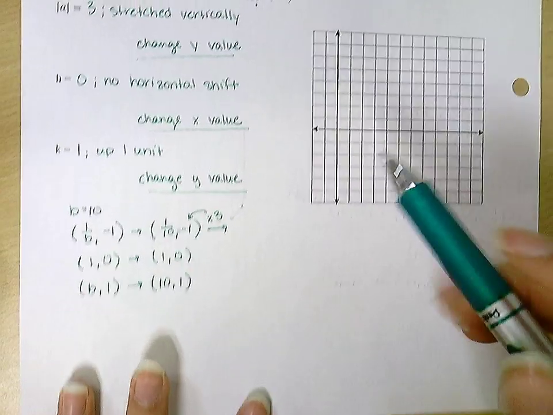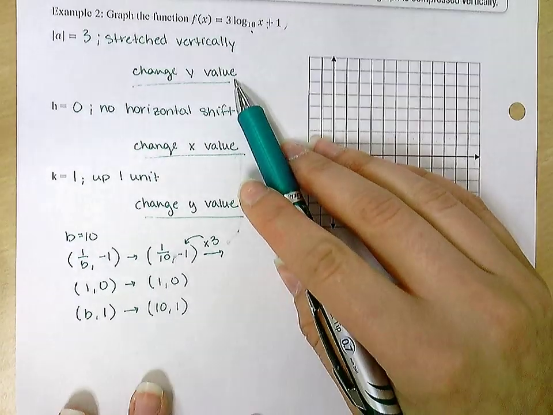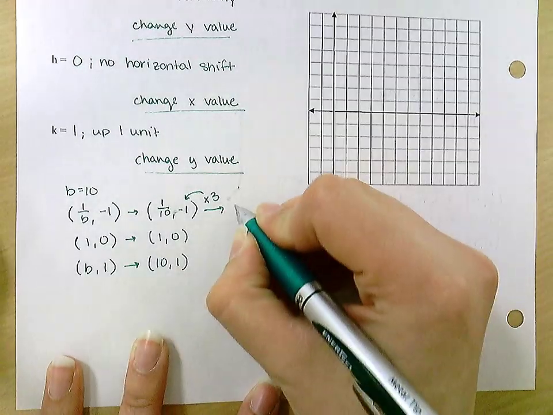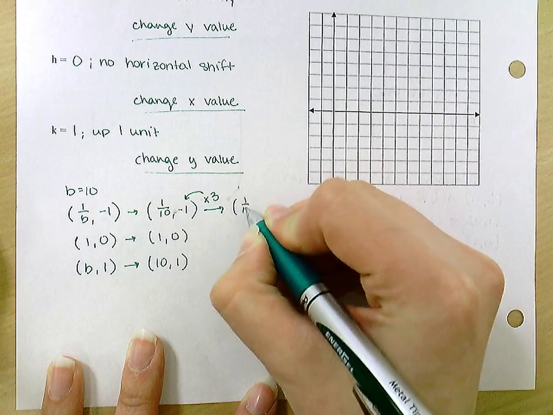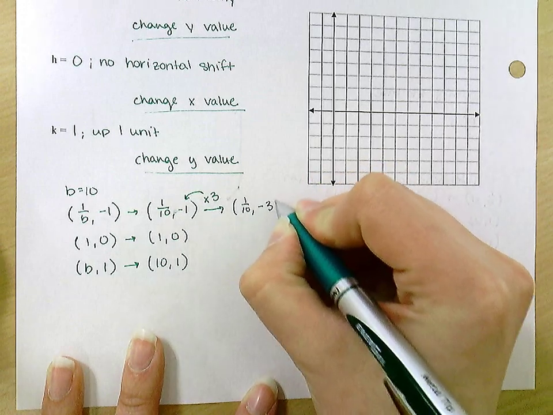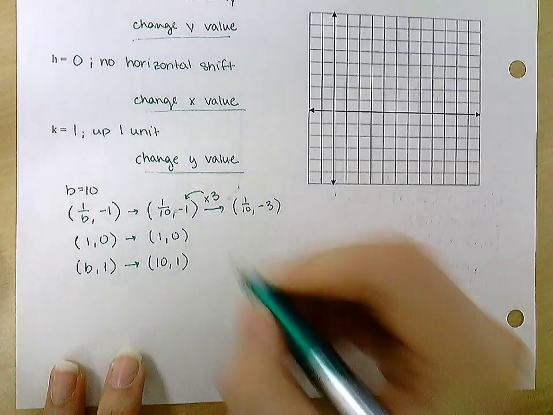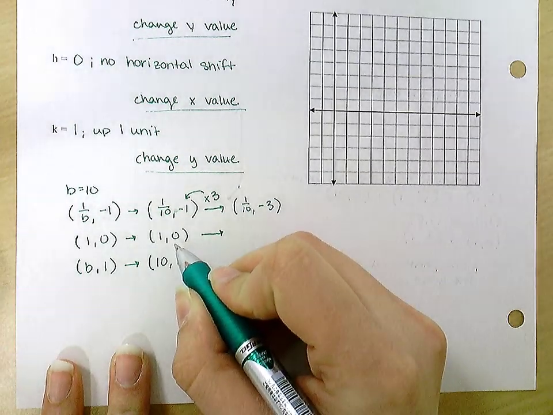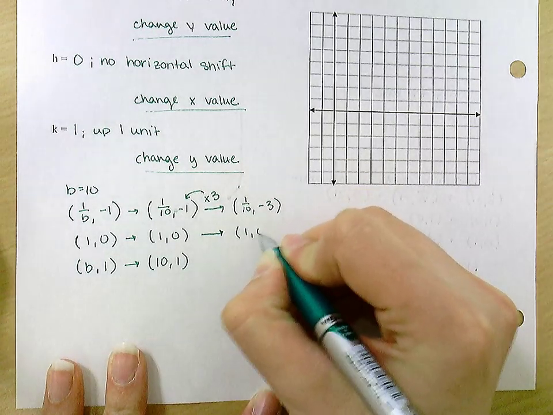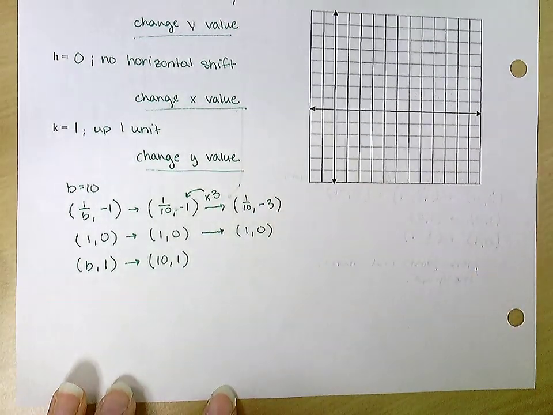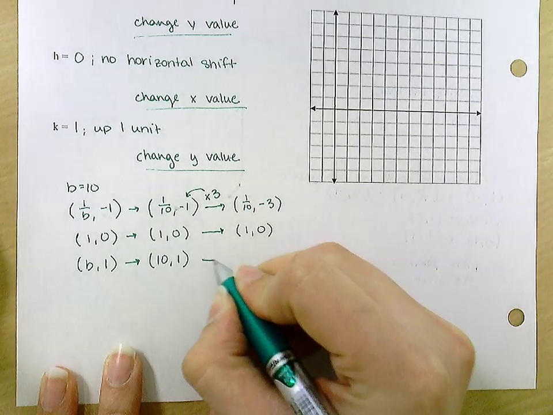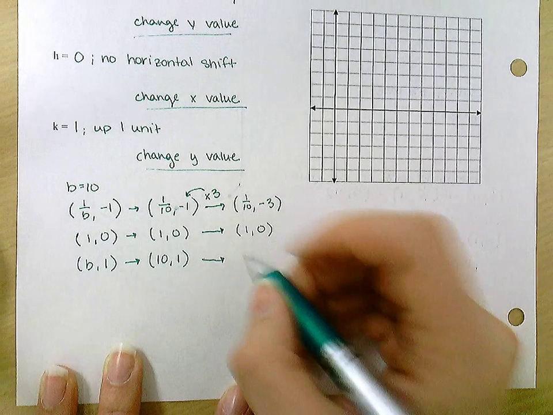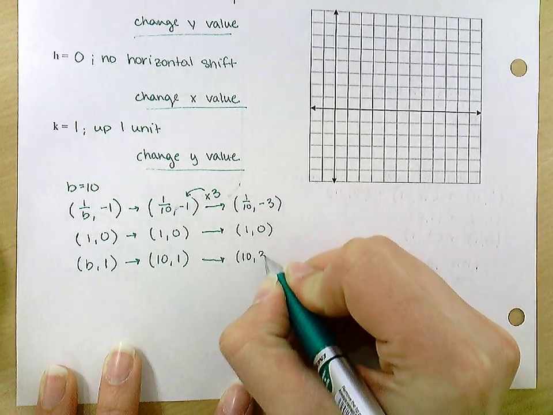That's why I wrote out we're changing y when I have an a value. So I would have 1/10, -3 now. For this one, if I multiply 3 into 0, it stays at 0. So I have 1, 0. And this one, if I multiply 3 into 1, I get 3. So I have 10, 3.